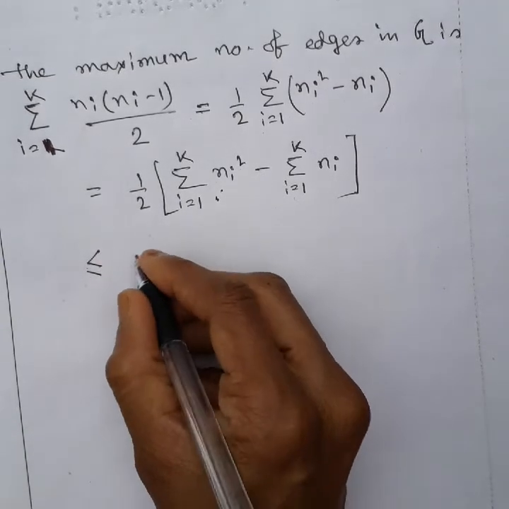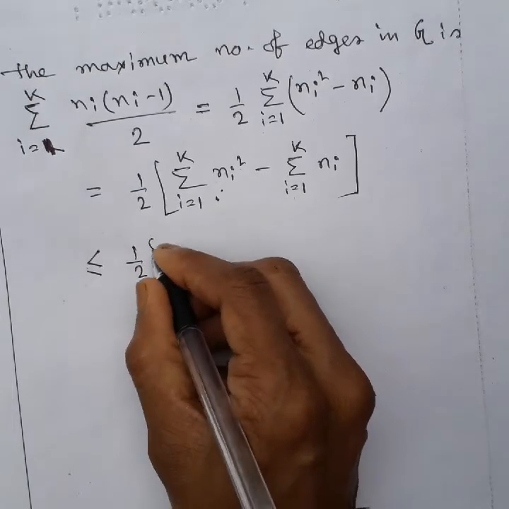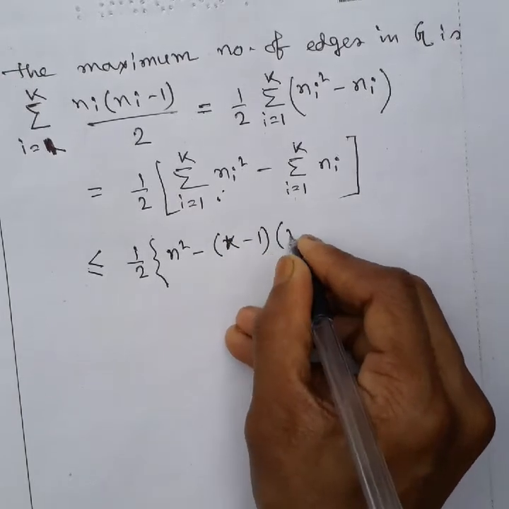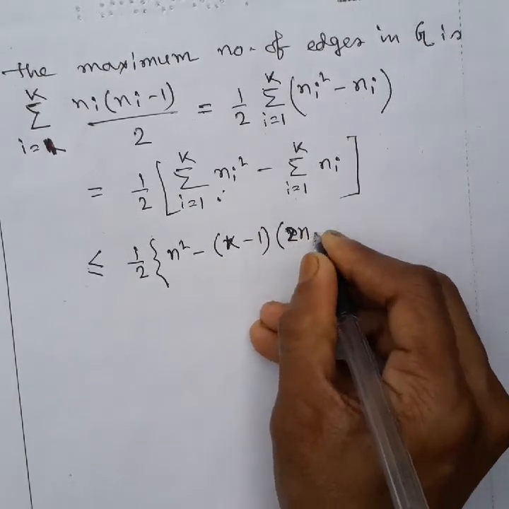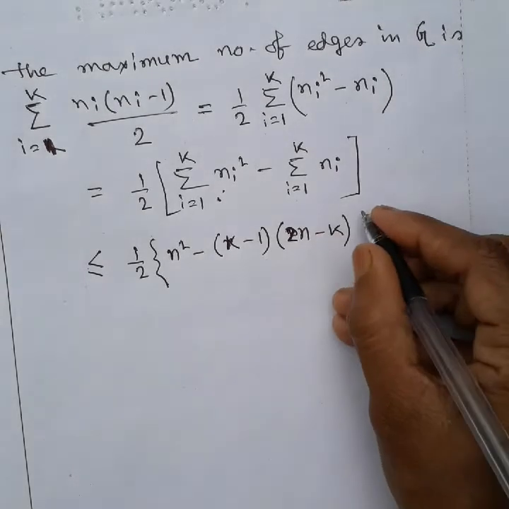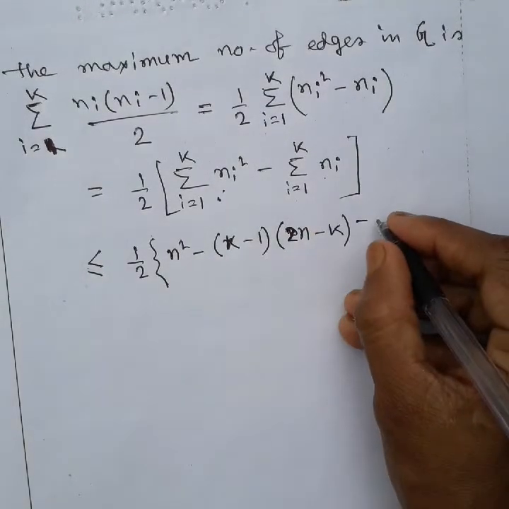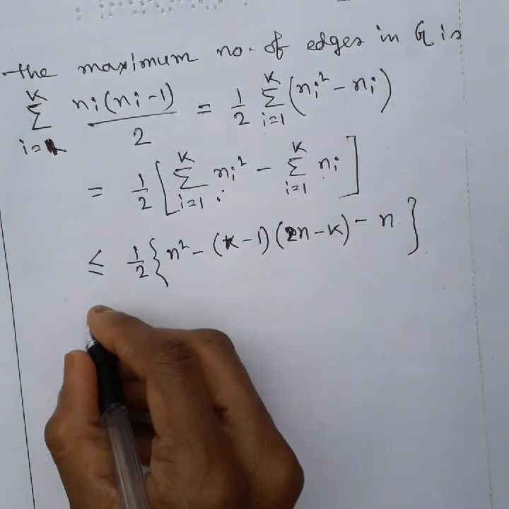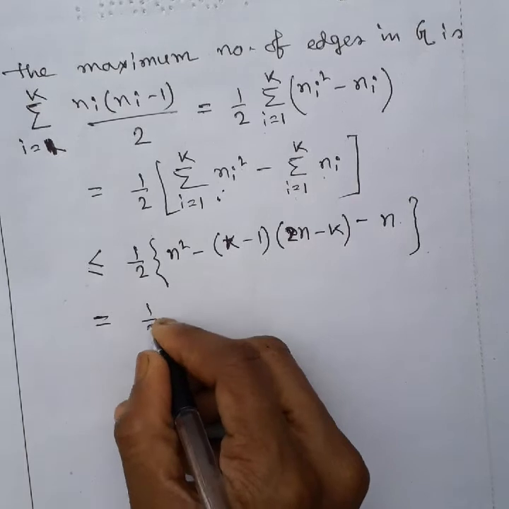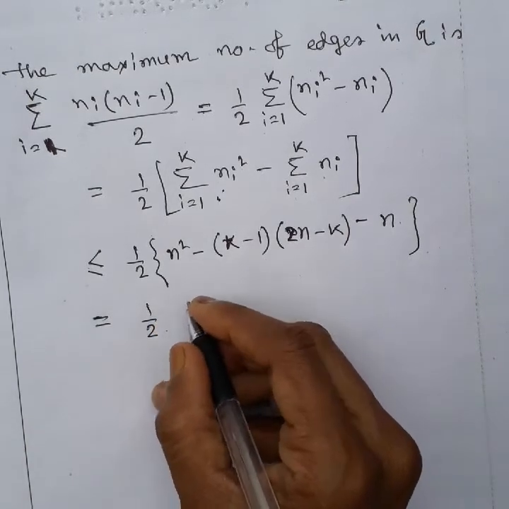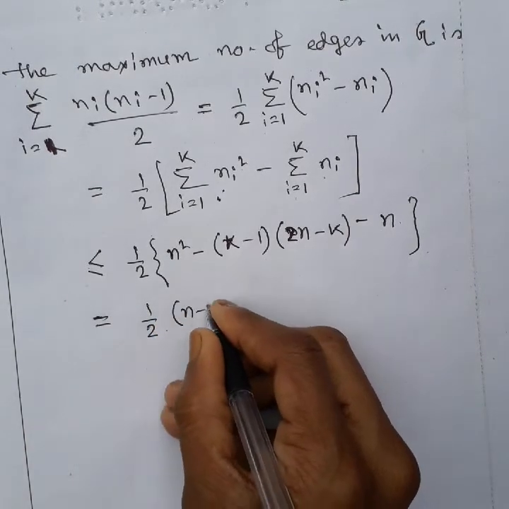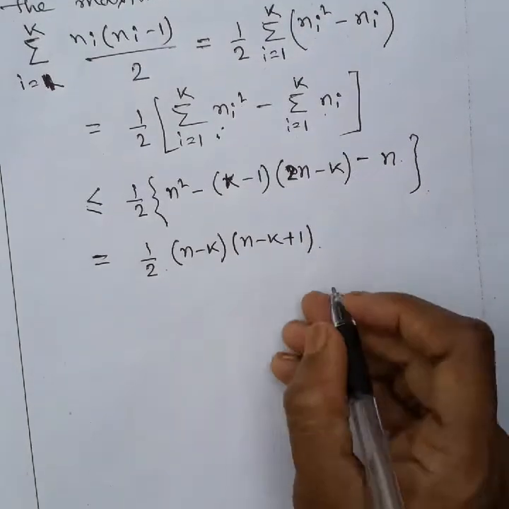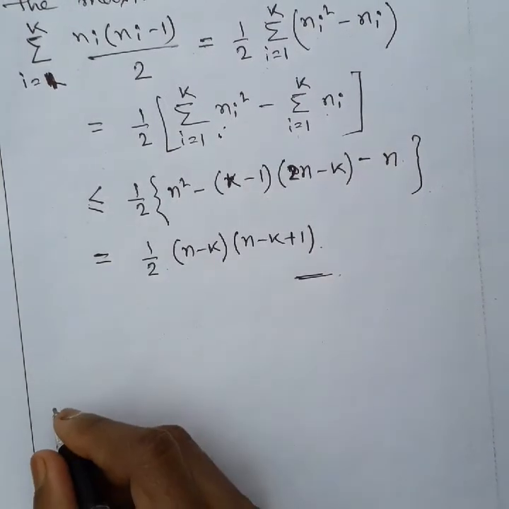So this is less than or equal to half of n square minus (k minus 1) into (2n minus k) minus this summation, which is n. Which is equal to half of n minus k into n minus k plus 1. Okay, so this is our theorem.